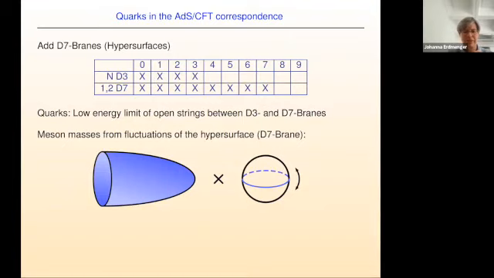Sorry. So perhaps one could say that confinement is a gravitational effect, or is that too much? Say once more, I didn't hear. What is a gravitational effect? Can you repeat the question?